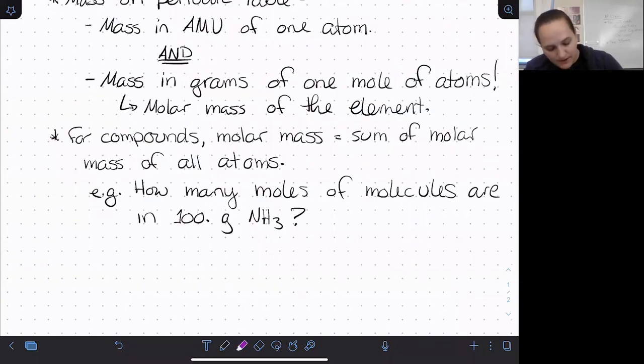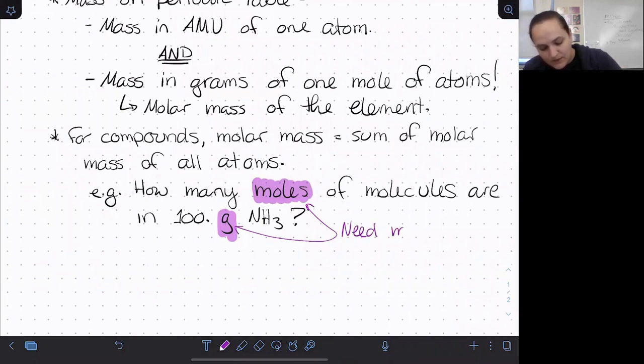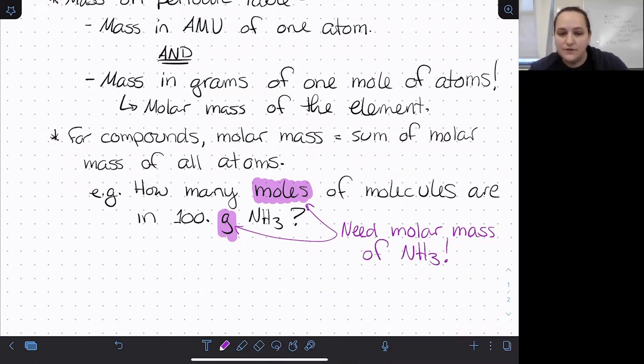Anytime you are converting between grams and moles, we need the molar mass of that substance in order to do that. So we're going to need to first find the molar mass of NH3.